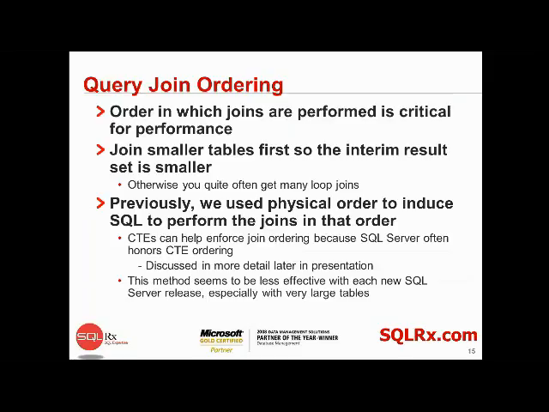What we used to do was physical ordering of the joins, and that would hopefully get SQL to cooperate. These entities called Common Table Expressions, or CTEs, which I'll discuss more in a little bit, are going to help enforce that join ordering, because SQL Server often honors it, and it seems to vary from release to release how much it honors it. We'll talk more about that shortly.